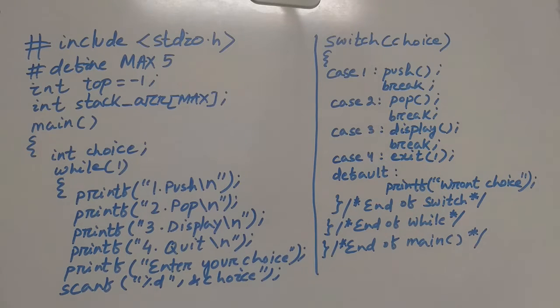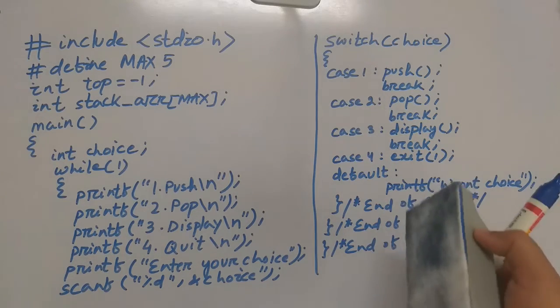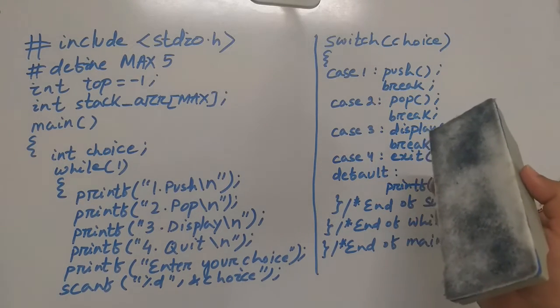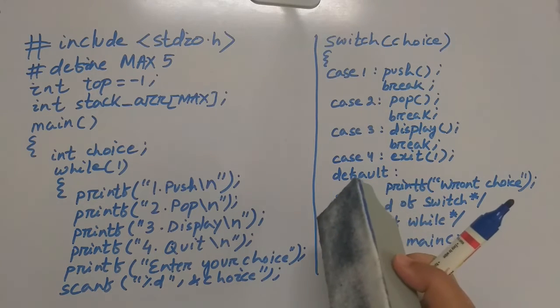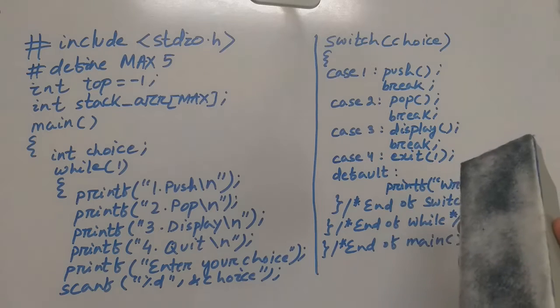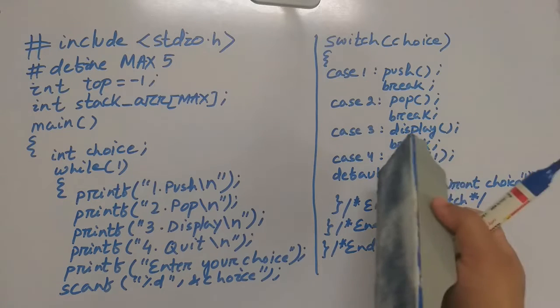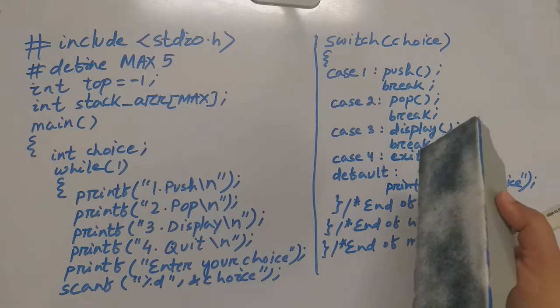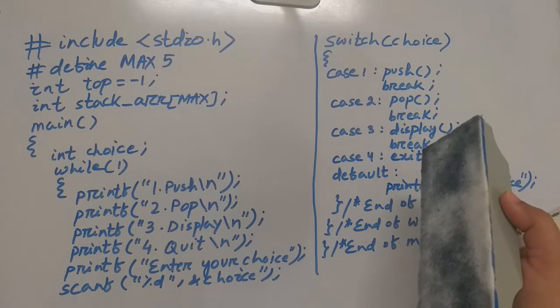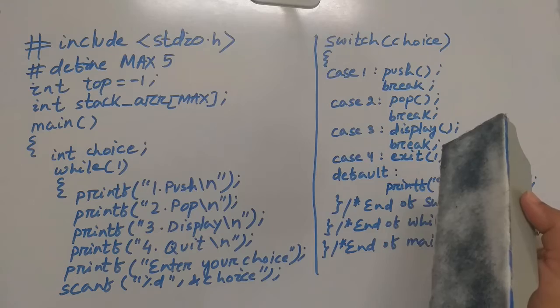After that we are writing the push operation. There are 4 operations here: push, pop, display, then exit. Here we write the push, pop, and exit; if it is case 4, it exits automatically.